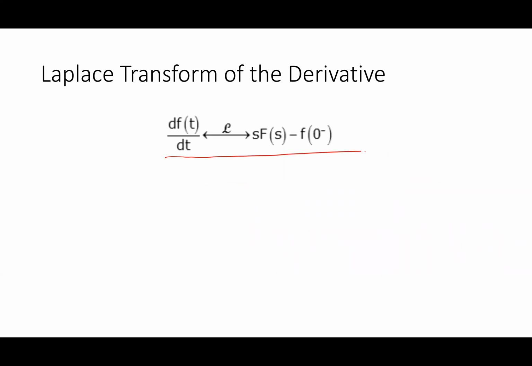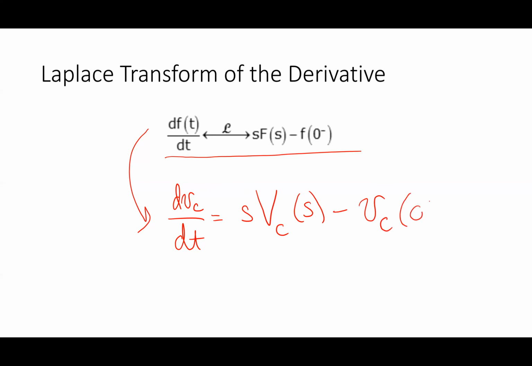So dVc/dt becomes what in the Laplace world based on this result? If I'm taking the derivative of the capacitor voltage, it's going to be equal to s times the Laplace transform of the capacitor voltage, Vc(s), minus the initial condition of the capacitor voltage.